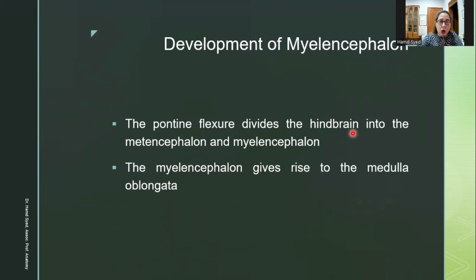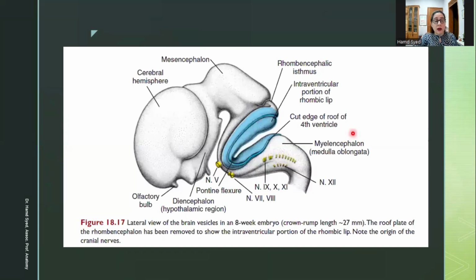So here is a sagittal view of the developing upper part of the neural tube, where you can see the brain vesicles. The 5 brain vesicles are the telencephalon most cranially, which is going to form the cerebral hemispheres. Then comes the diencephalon, which is going to form the hypothalamus and the thalami. And then we've got the mesencephalon, which is going to become our midbrain.